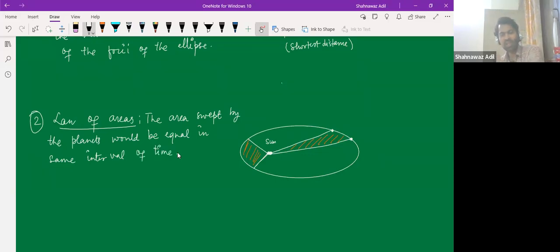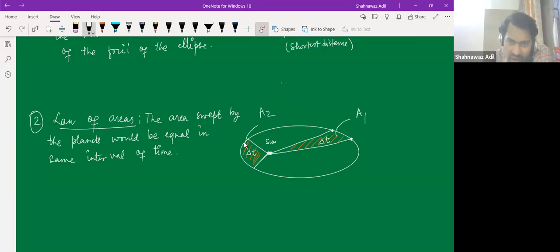What does it mean? Let's say this time is delta t, and this time is also delta t. Whatever this area is, it would be equal to this area. So let's say this is A1 and this is A2.